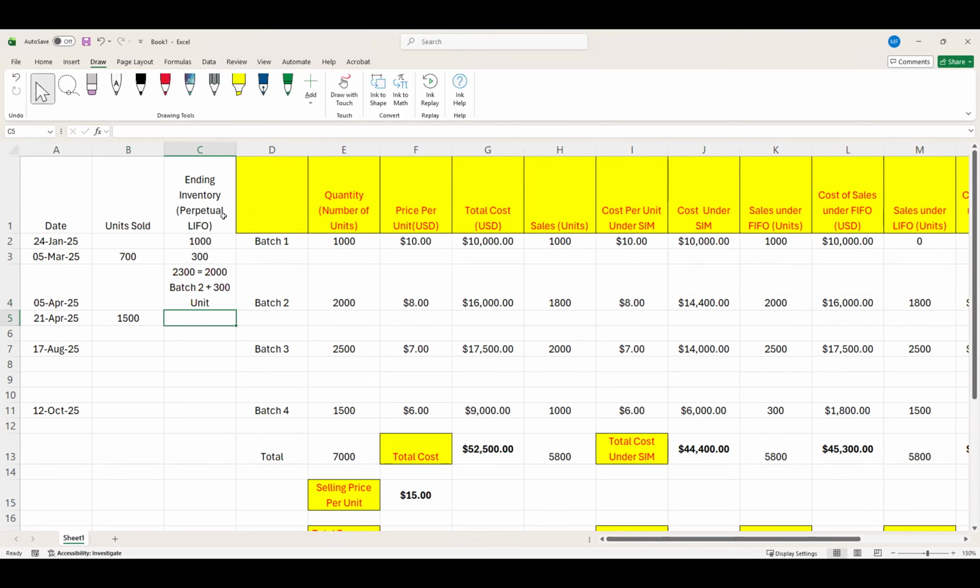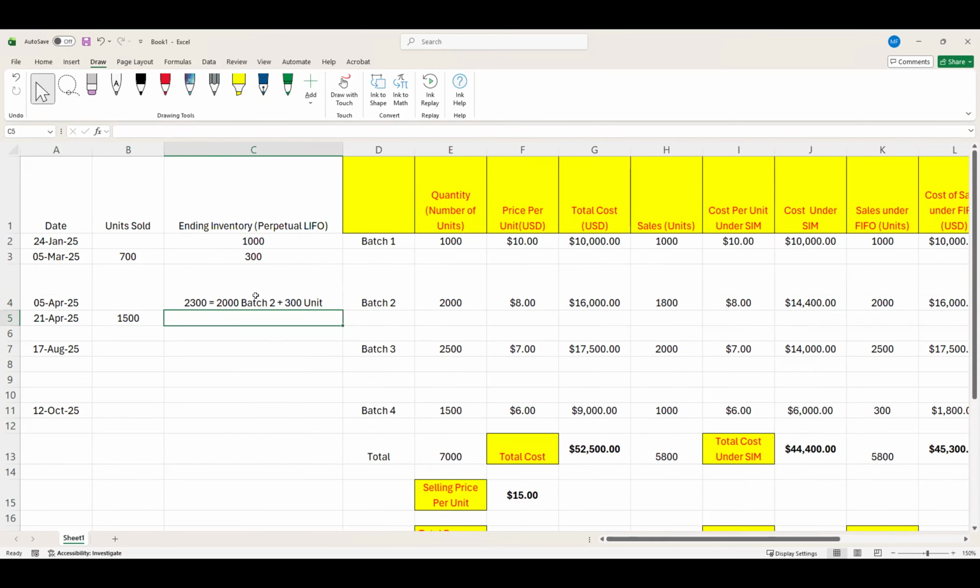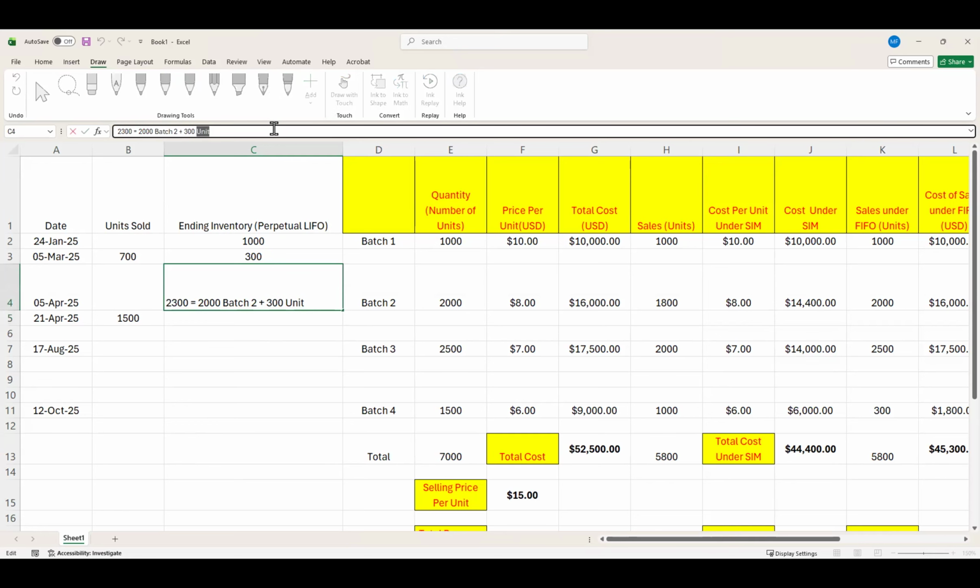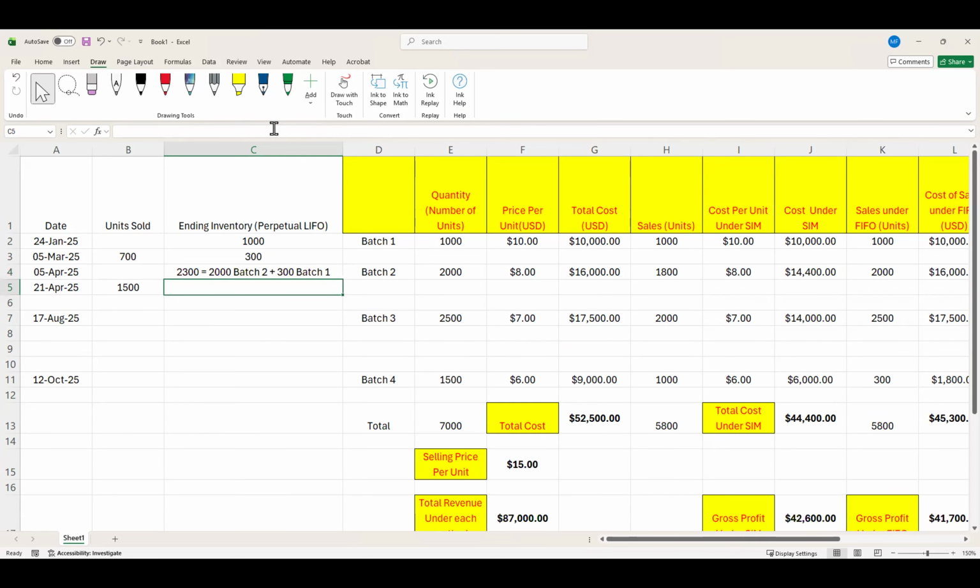If this is clear, then everything is clear in perpetual. 1500 units, how many from batch 2 and how many from batch 1? It is LIFO, last in, first out, but a perpetual system.